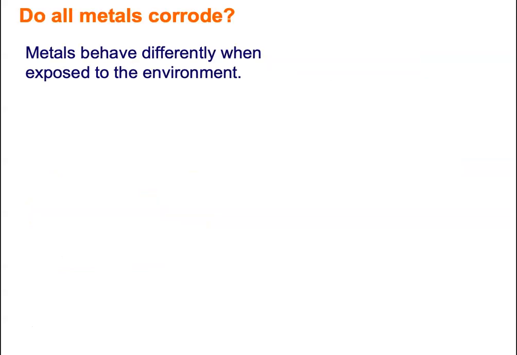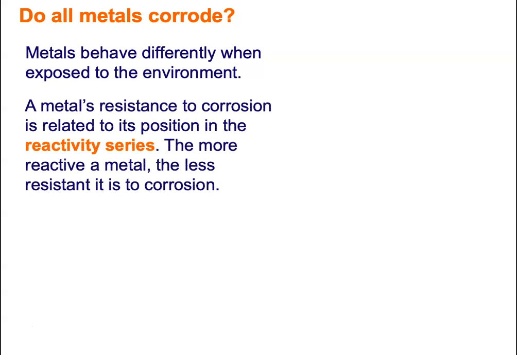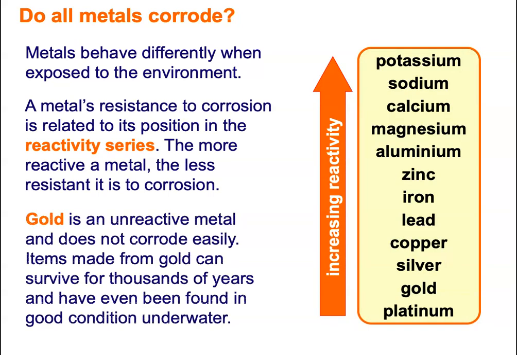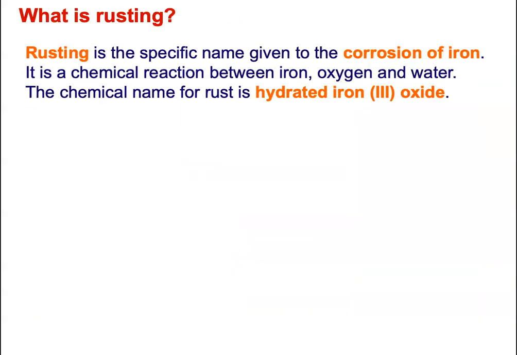Do all metals corrode? No, not necessarily. The metals at the top of the reactivity series like potassium, sodium, calcium will easily corrode because they react with oxygen much more easily. The metals at the bottom like silver, gold, platinum, precious metals, do not corrode and will not react with oxygen.